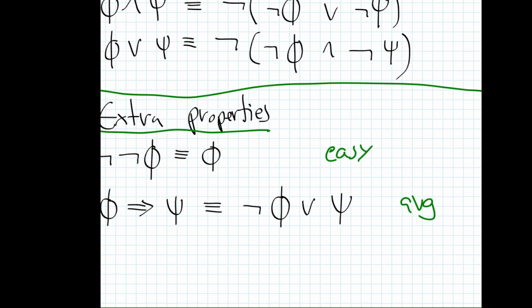So we have the equivalence, and we have the disjunction, and we have the negation, and we have both these variables. To say that they're equivalent means that the total value and this total value are exactly the same.